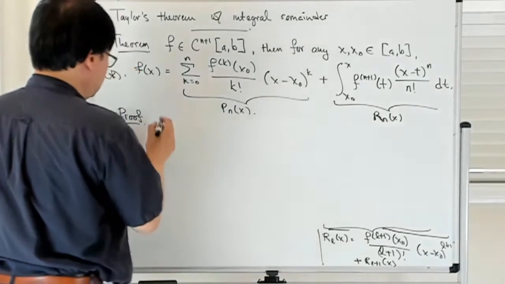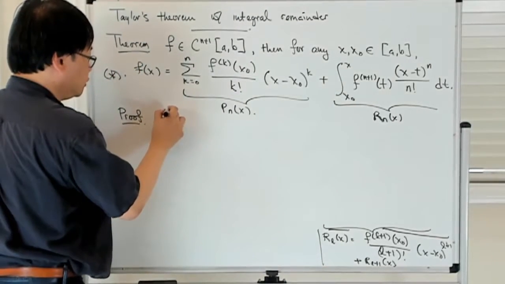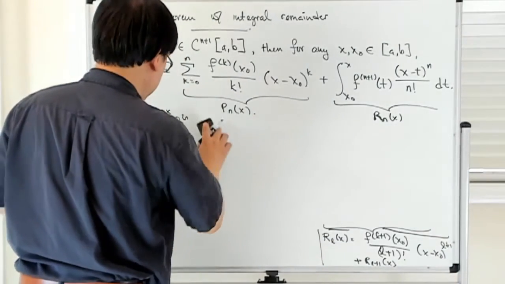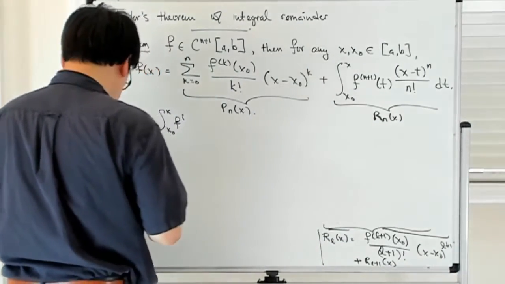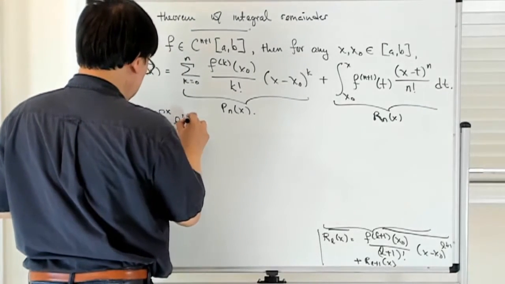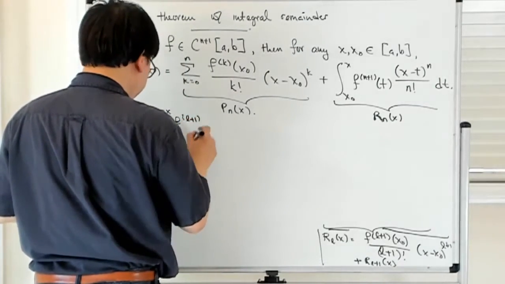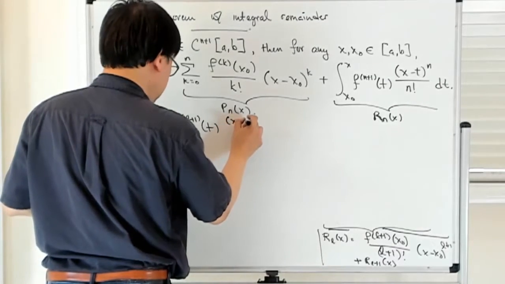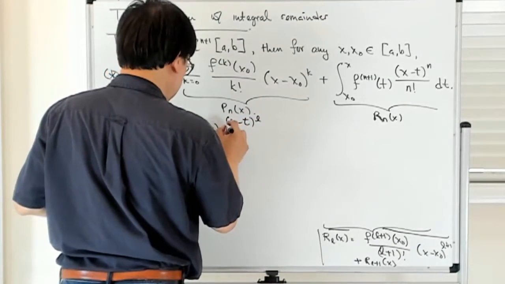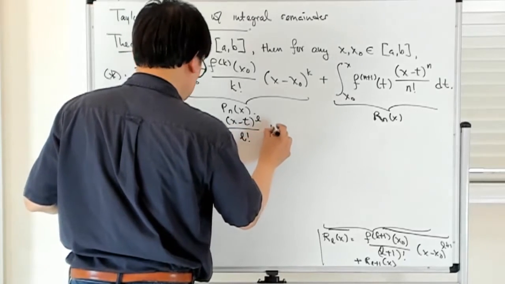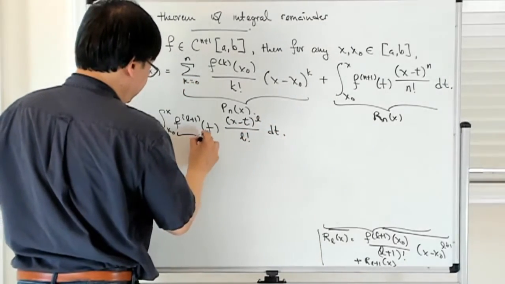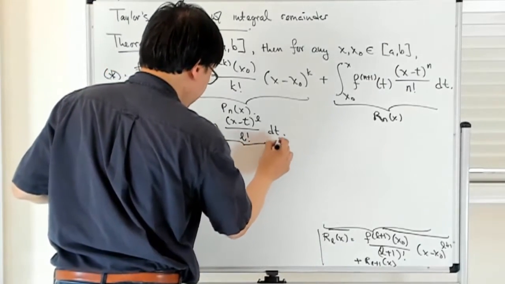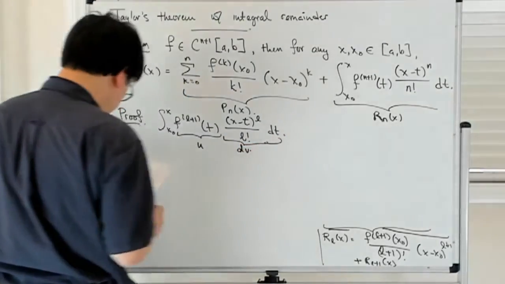Okay, so you have this integral from x0 to x of f^(L+1)(t) times (x minus t)^L over L factorial dt. I'm going to think of this as u, and this whole thing here as dv.